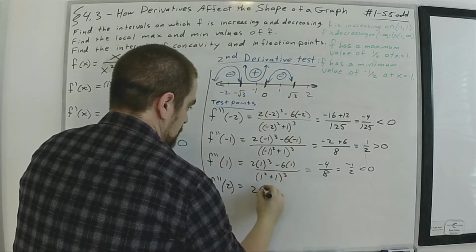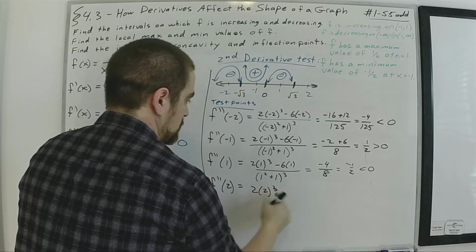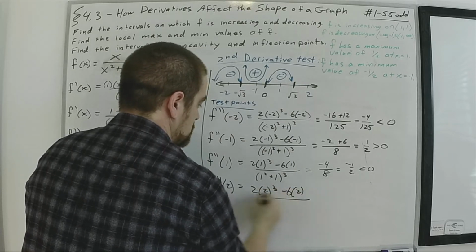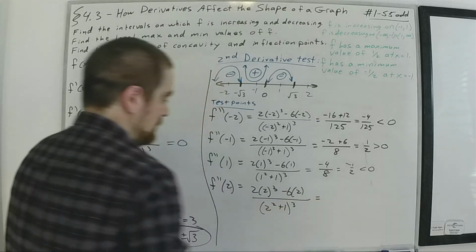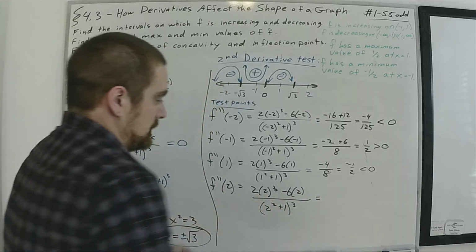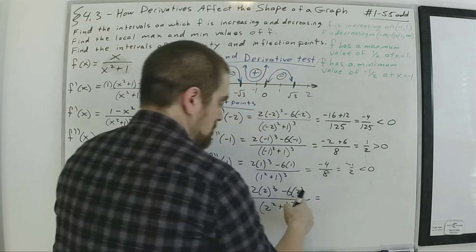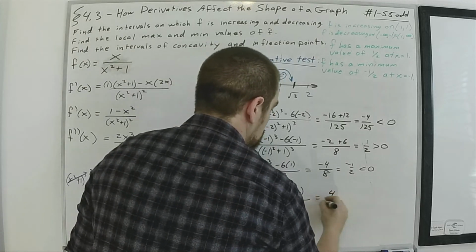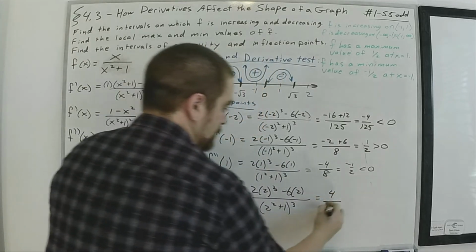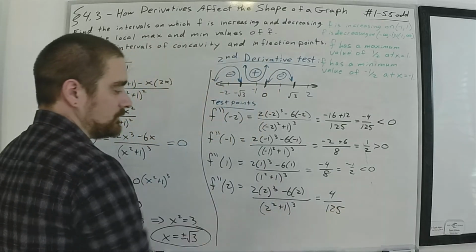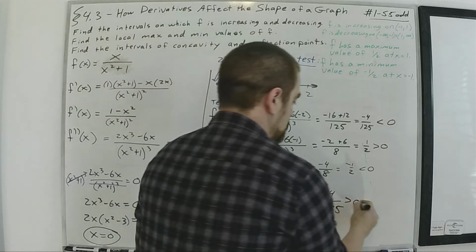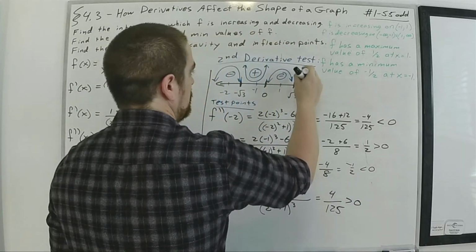Positive 2 gets plugged in. 2 times 2 cubed minus 6 times 2 over 2 squared plus 1 quantity cubed. 8 times 2 is 16. 16 minus 12 is 4 over 125. 2 squared plus 1 cubed. That's positive. That's all I care about. Concave up.